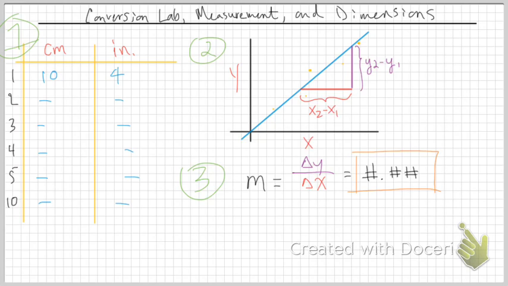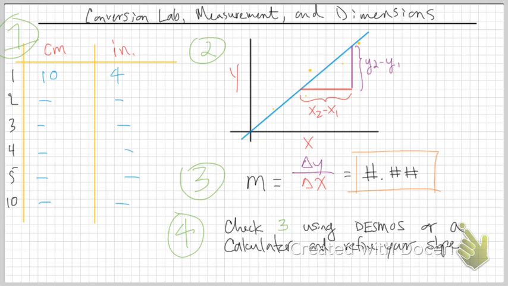And when I have that slope m calculated that way, I should get a number that I've boxed in orange. Do me a favor and show me 2 places past the decimal. Round it if you need to. Fourthly, check your result from number 3 using Desmos or a scientific graphing calculator.